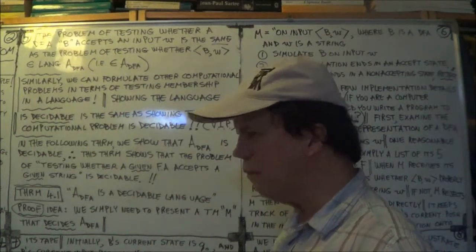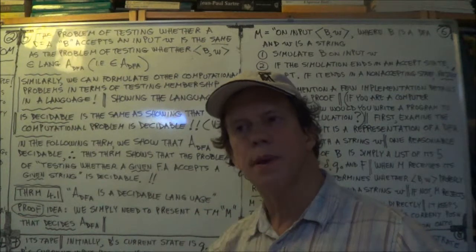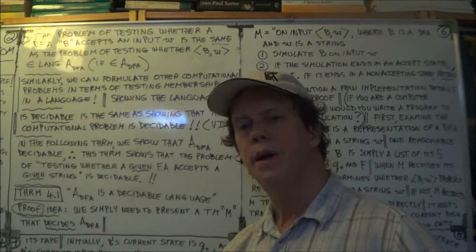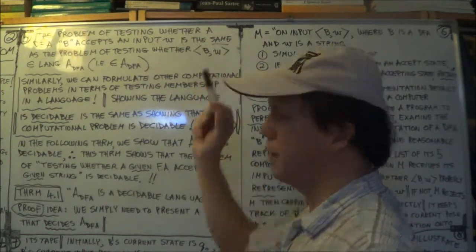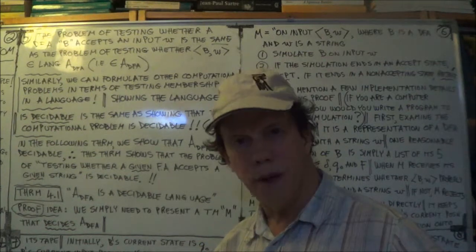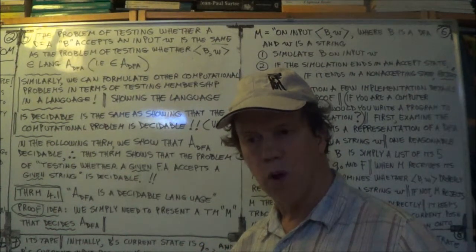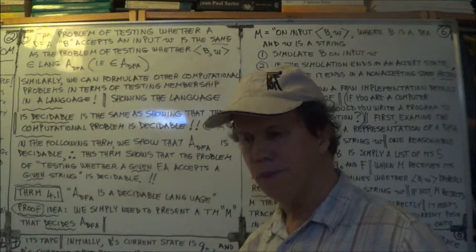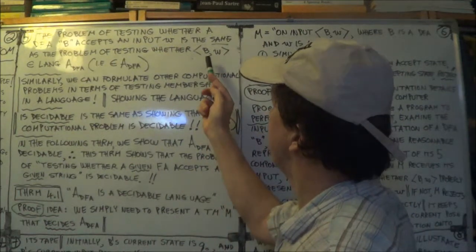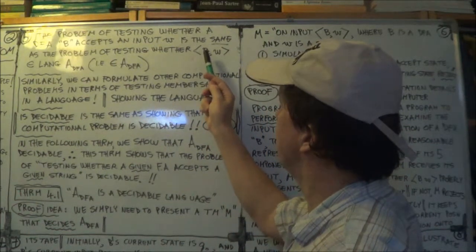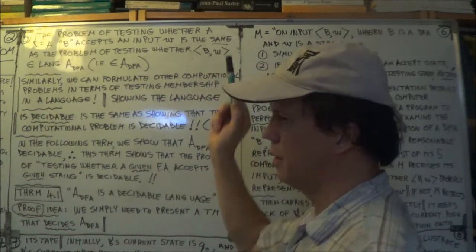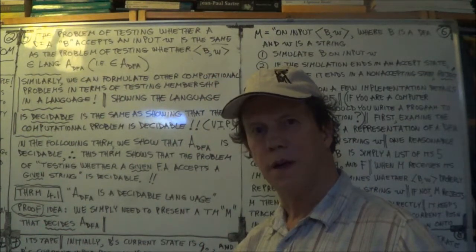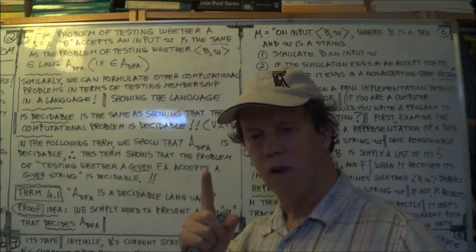Now suppose it is a member, then you know this machine accepts that string. Now say it's not a member. Well, then you know that this machine does not accept W, right?